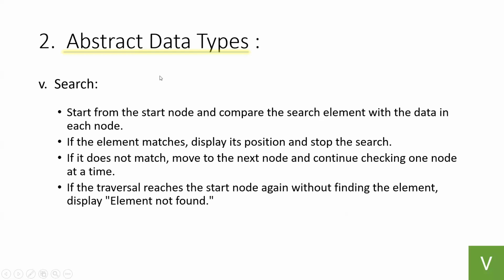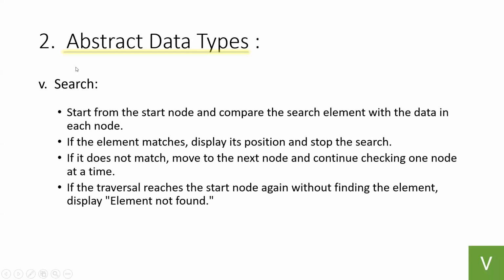If the element is matched, we will return the position and stop the searching. If the element is not matched, we will move to the next node and continue checking until we reach the starting element again. If we reach the starting element, we will print that the element is not found. So this is the process of searching in a double circular linked list.